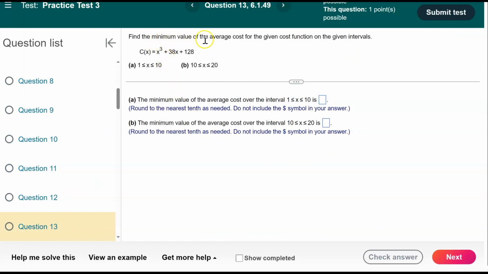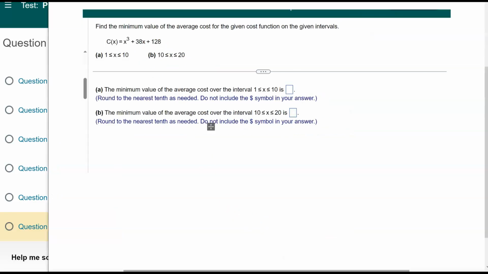Find the minimum value of the average cost for the given function on these given intervals. Now, we are asked to find the minimum value of the average cost, but we are only given the cost function. So the first step is to find the expression for the average cost.